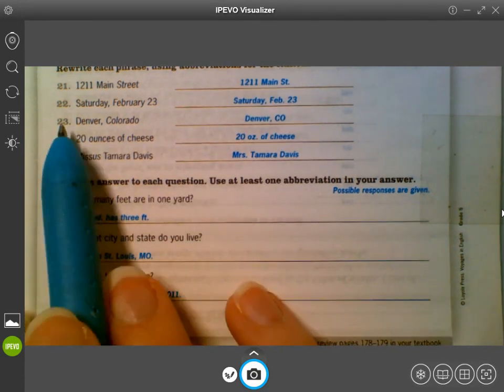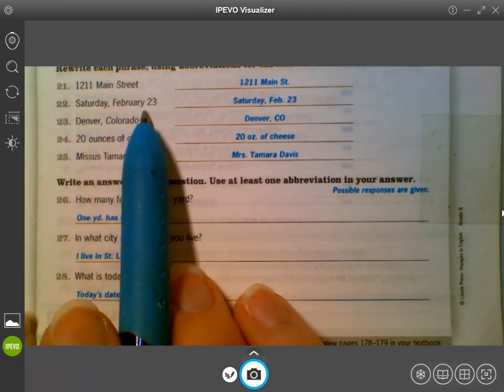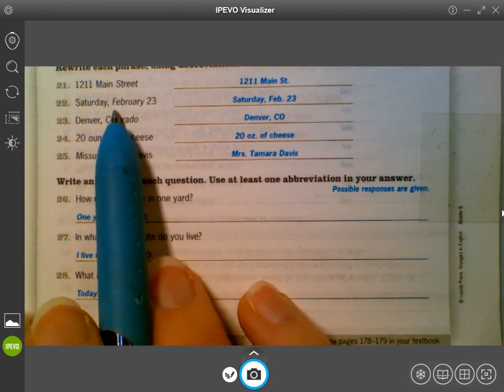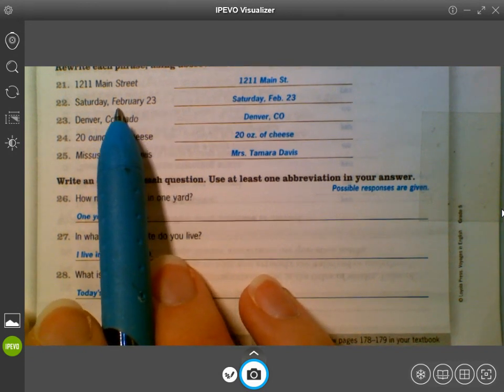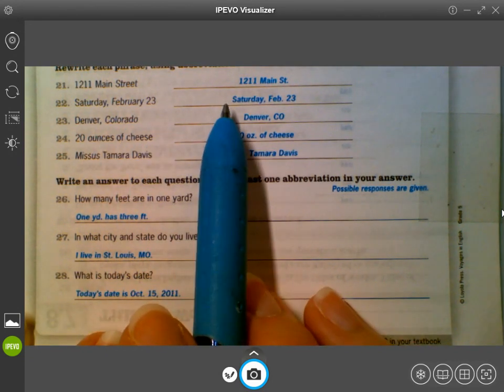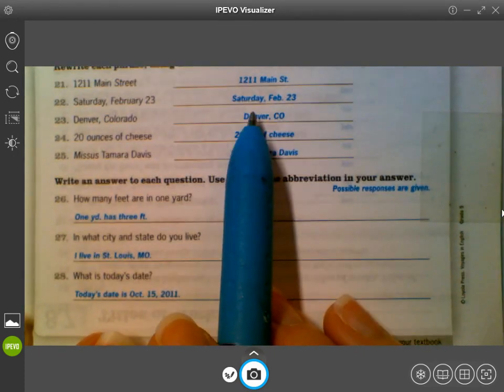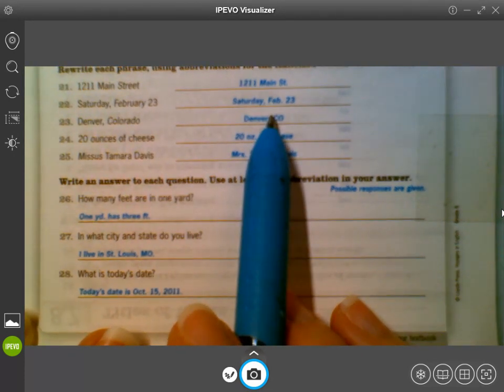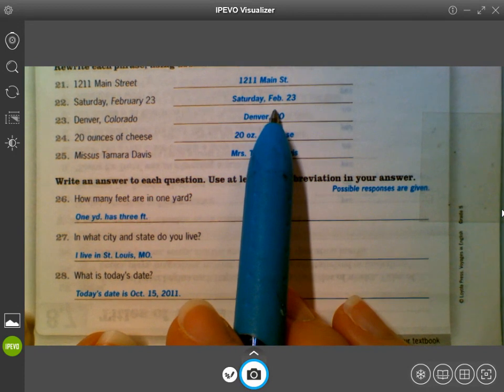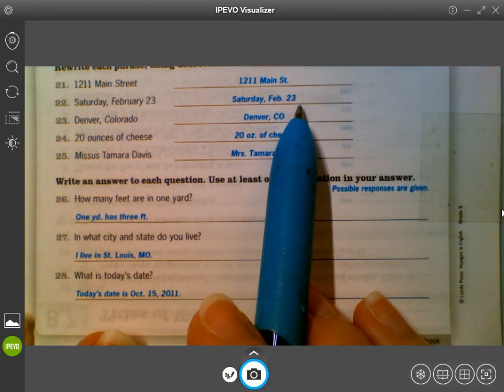Number 22 was a date, Saturday, February 23rd. Now in this one, February is italicized, so you should have rewritten it as Saturday, comma, then abbreviated February as capital F, lowercase eb with a period, and then 23 at the end.